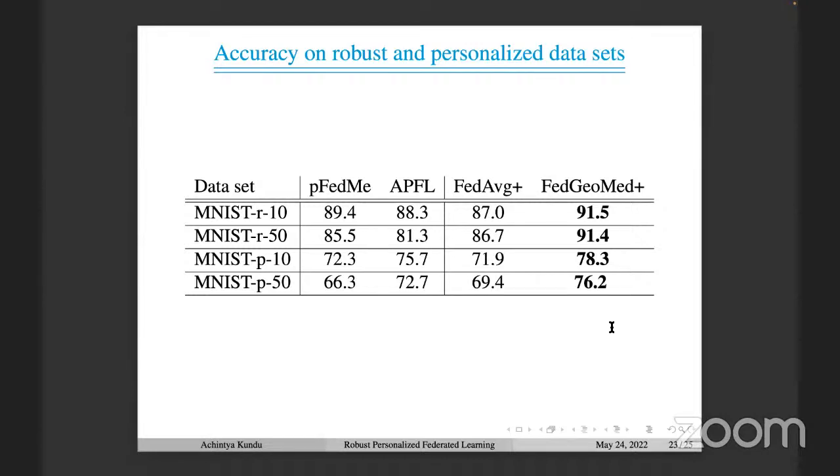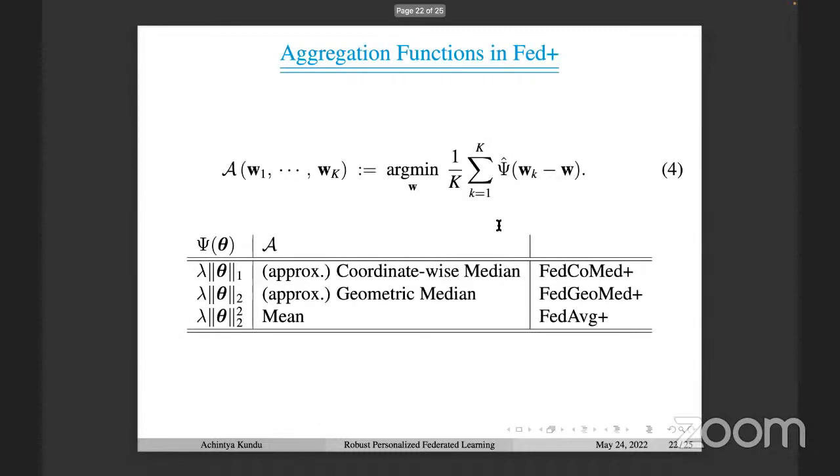Under that setting, can we learn meaningfully? These data sets are denoted as MNIST R, and we have 2 different settings. In one case, we have 10 different clients, and in another case, we have 50 different clients. And we see that the robust method actually outperforms the other methods. Though we have this FedAverage+ from our formulation, it doesn't employ any robust aggregation, as we saw. It only has the mean aggregation, right?